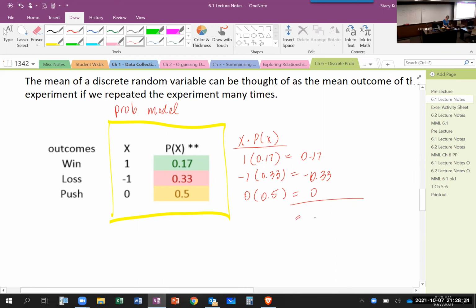Did you all come up with -0.16? That is our expected outcome. And what does this mean? This is saying, remember that I can roll a dice, and if I won, I got $1, right?